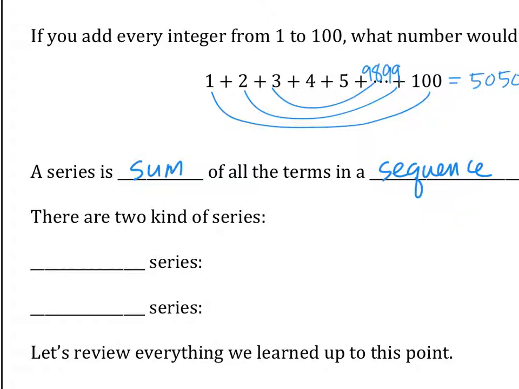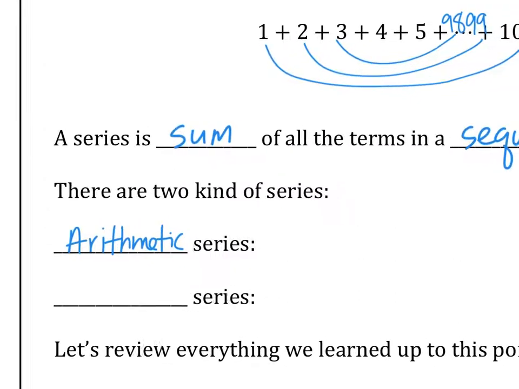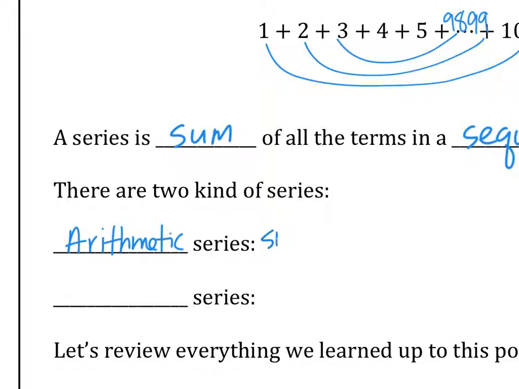Next section. There are two kinds of series. The first one is arithmetic, where we add or subtract to get to the next number, and then sum it up. So it's the sum of an arithmetic sequence.